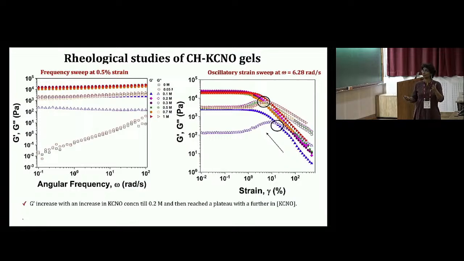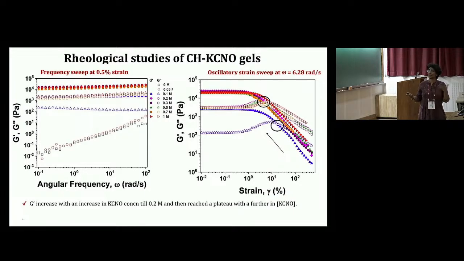This is just the viscous or the loss modulus, without the presence of potassium cyanate KCNO, and then as soon as we go to 0.1 molar, we see the presence of the storage modulus, which keeps on increasing and sort of saturates, because you just have so many amine groups in the chitosan, and to satisfy the stoichiometry, we have already exceeded once we add beyond, I think in our case, 0.3 molar or so.